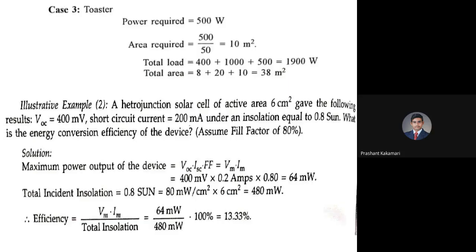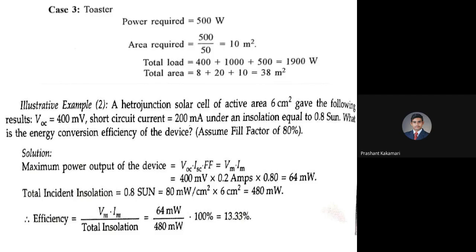So for 0.8 sun, you can convert that into watt per meter square, and that will come around 800 watt per meter square. Later, for convenience, for the same units, I can convert that into milliwatt per centimeter square. So you need to convert 800 watt per meter square into milliwatt per centimeter square. Please check that value, how much you get.